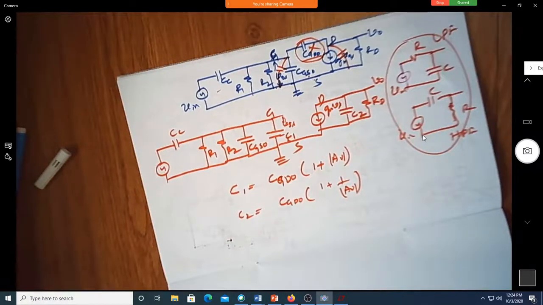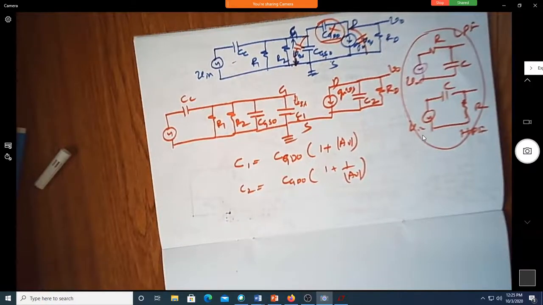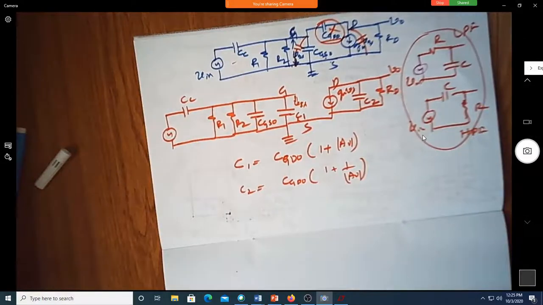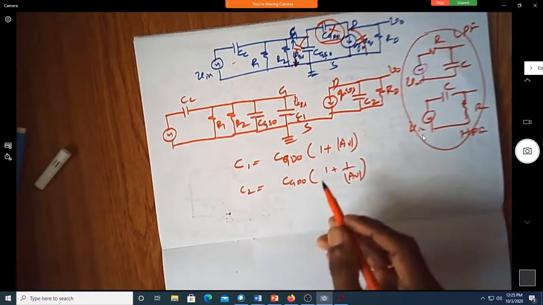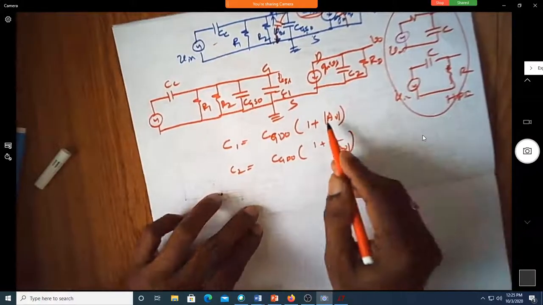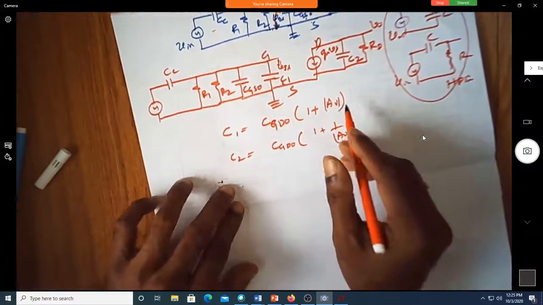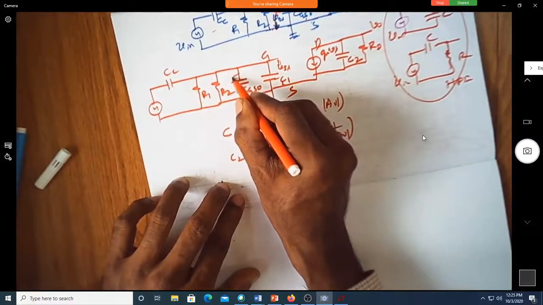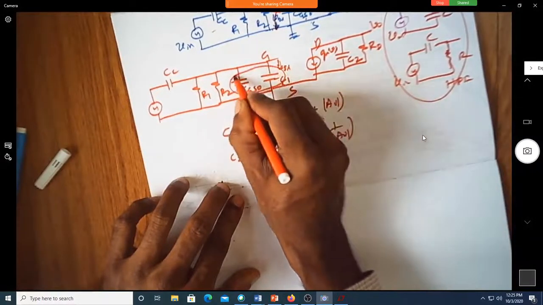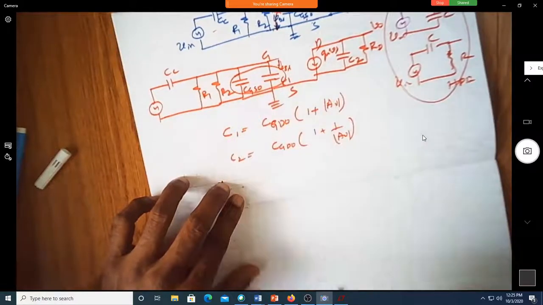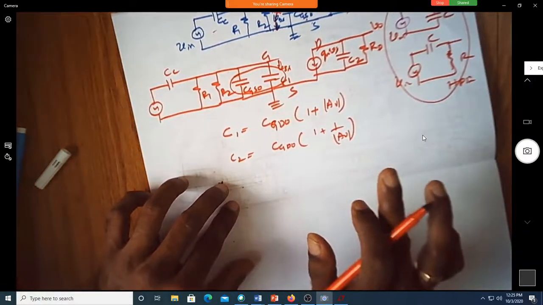Just correct me if I'm wrong. So we have two capacitances split onto the input side and output side. This is the magnitude of AV. Since these two capacitors are in parallel, can I add them?